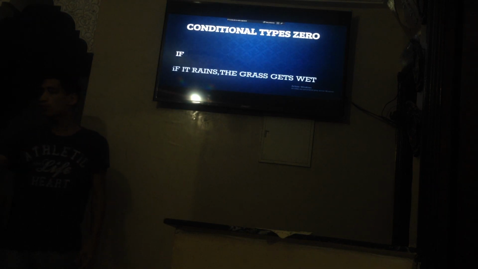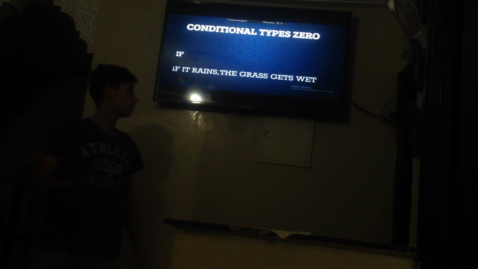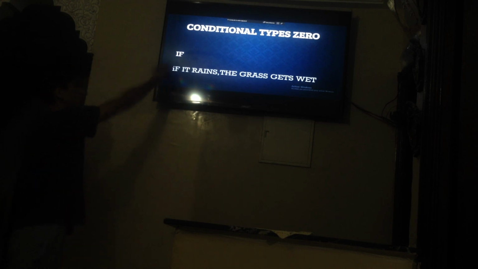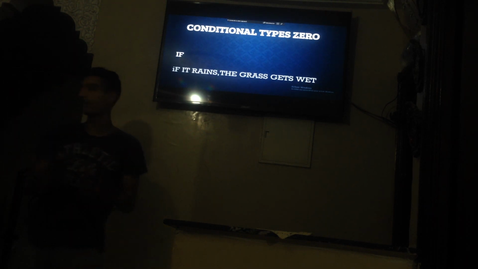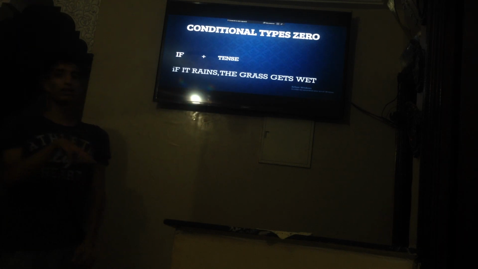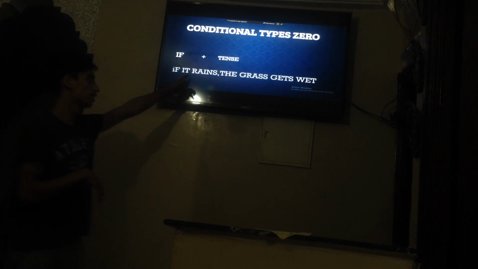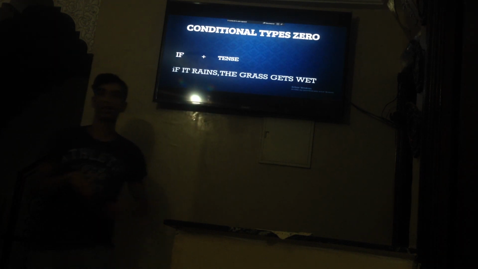Okay, so the conditional type 0 here, we start with if. Now we will focus on the example, and from the example we will pick up how the example is structured. So we have if plus the tense. Here I have to ask the students which tense we have in that example, so that it's them who are going to explain and get the rule, not me.